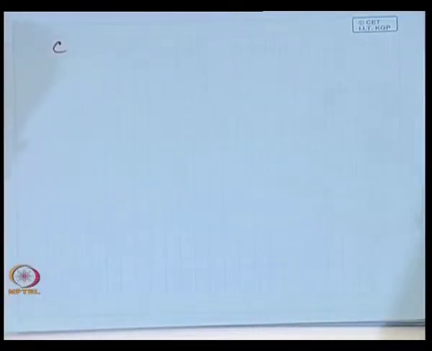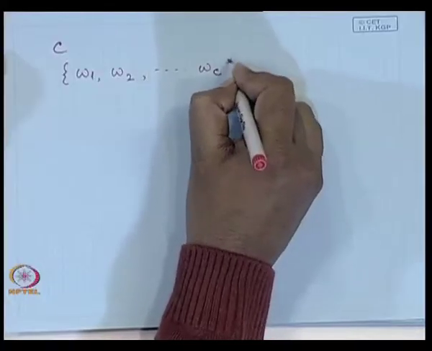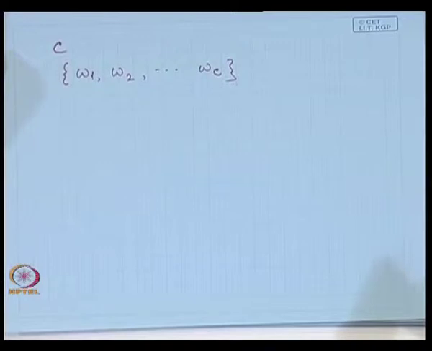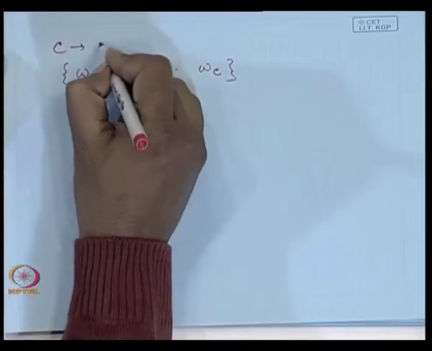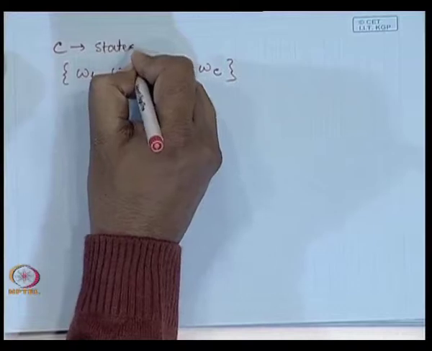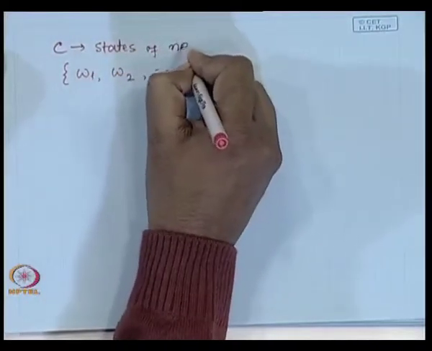As I said, we will have more than one state of nature. So, let us assume that there are c states of nature, or c classes to be more specific in our application, and let us call this set of classes omega 1, omega 2, up to omega c. So, there are c states of nature.